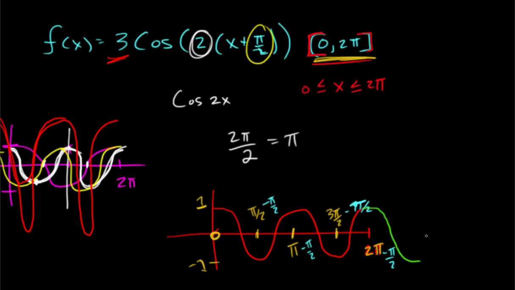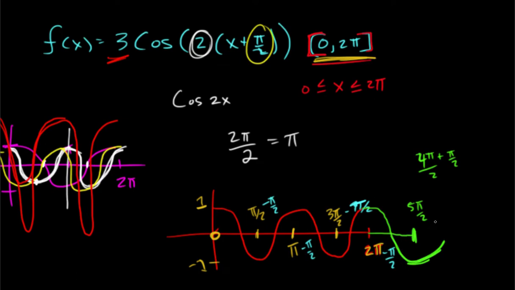So we just kind of draw it like that, and we know this would be another, on the original, 2 pi plus pi halves, which is 4 pi halves plus pi halves, so 5 pi halves.